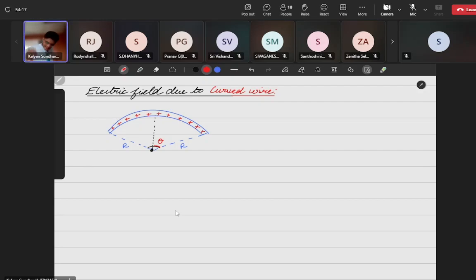So let me take a small element here, which has a charge of dq, and the total charge distributed here is Q. Due to this section, this will be your electric field dE. I have taken this as r. So this small angle will be d theta, and in the component, let me take it as alpha 1.